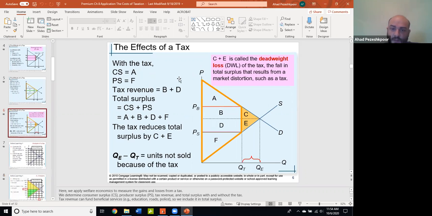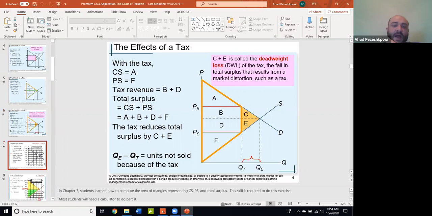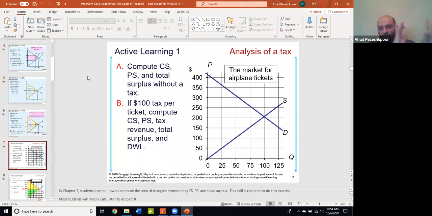This we talked about. C plus E is called the deadweight loss of the tax, the fall in total surplus that results from a market distortion. Government is interfering in the market. There will be a deadweight loss here. Now, with all that background, we can do this whole example.